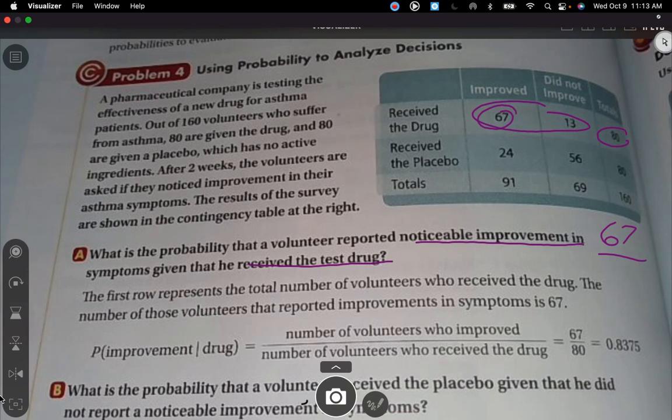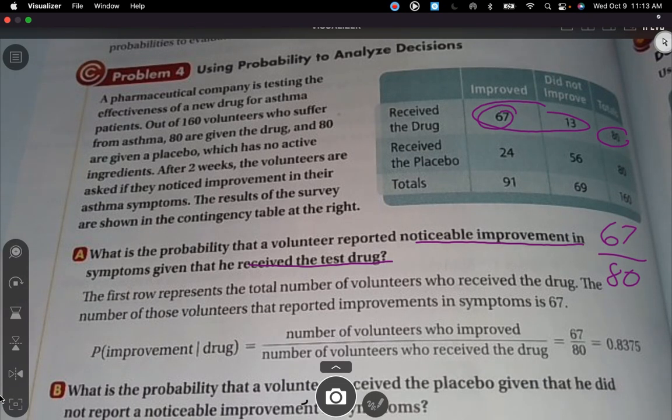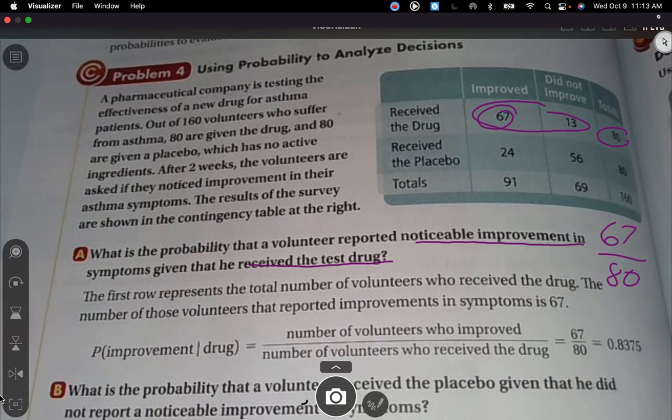Well, you could just add these up, but it already told me. If I added them up, how many is that? 80. So that's why it's over 80. We already did these. Do y'all remember these? These are like real life type of totals. And you would divide, and it's 83% noticed improvement that were given the test drug. Let's see how many noticed improvement with that fake drug, with the placebo.